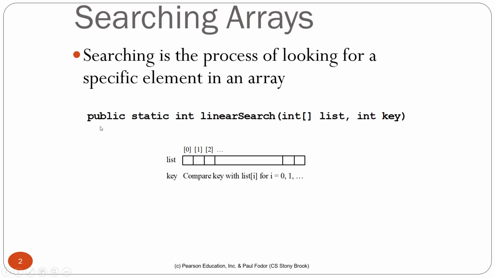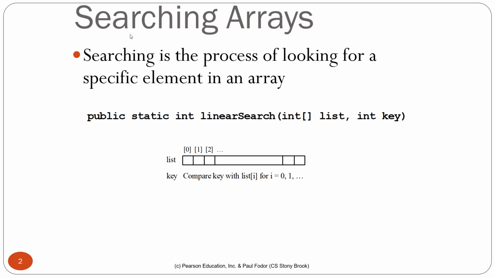And how should you declare this method? So you'll have public static int as the return type. Why is the return type int? Because we will be returning an index, and the index would be a positive value when we succeed in finding the location of the key in the array, and it will be a negative value, which is -1, if you don't find that.